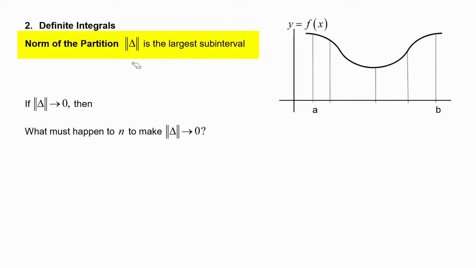And the norm of the partition is just the largest subinterval in your Riemann sum here. So in this diagram, it looks like this interval is the largest subinterval. So this one would be the norm of the partition, this width.